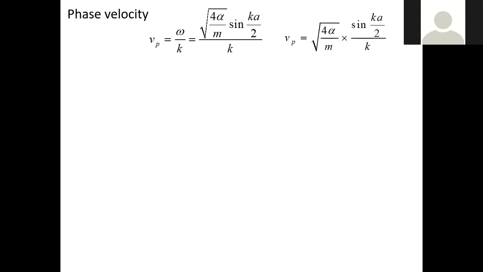Put here for this monoatomic chain lattice, the omega is given by square root 4 alpha by m sin ka by 2. After some modification, you can write this phase velocity as square root 4 alpha by m into sin ka by 2 by k. So this is the expression for phase velocity.